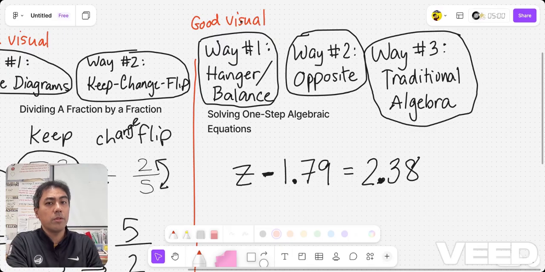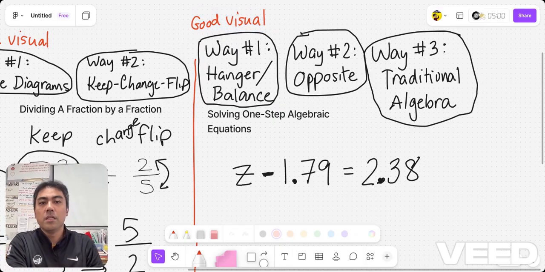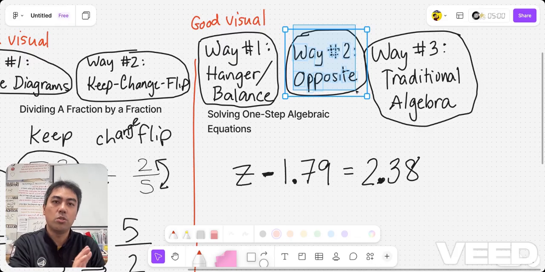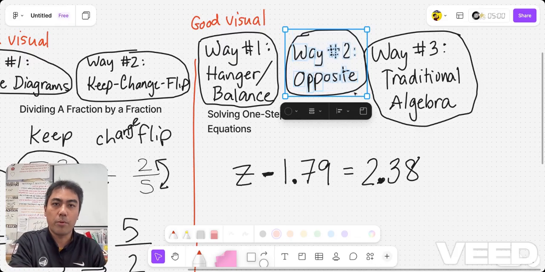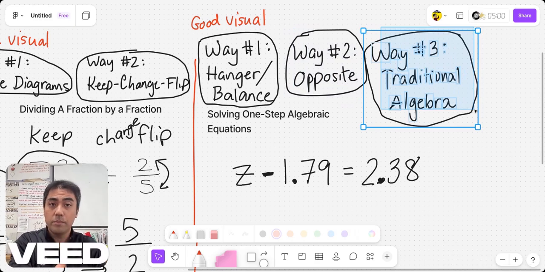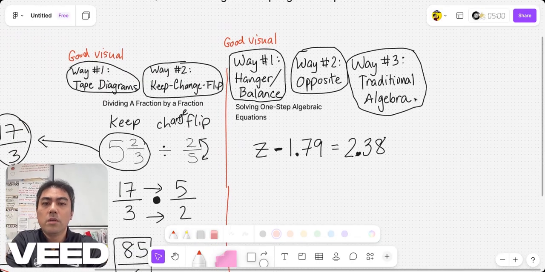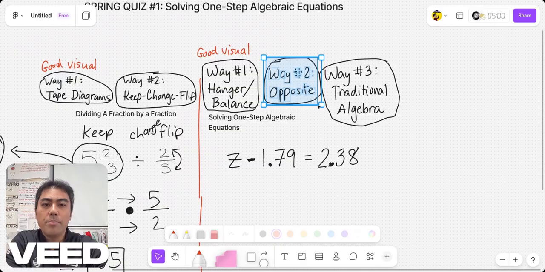It's not the most popular way, but it's a good way to see what's happening. And for some people, it might be their best way to solving this problem. The second way is just doing the opposite operation, and then finally, the third way is doing traditional algebra. What we're going to do is talk about the opposite way and talk about traditional algebra.